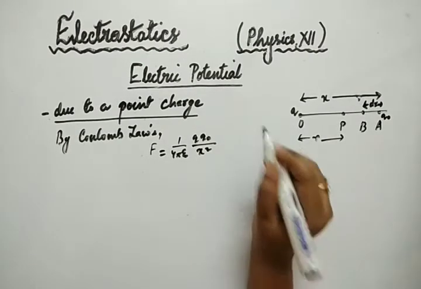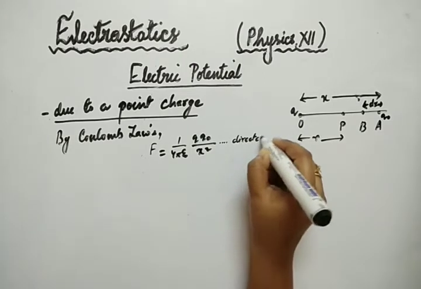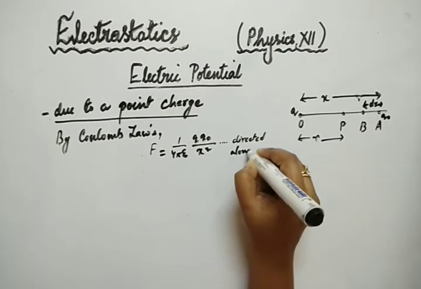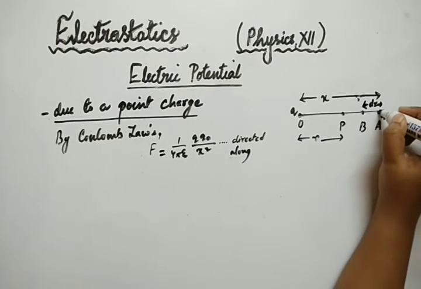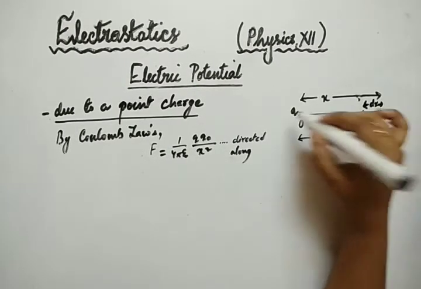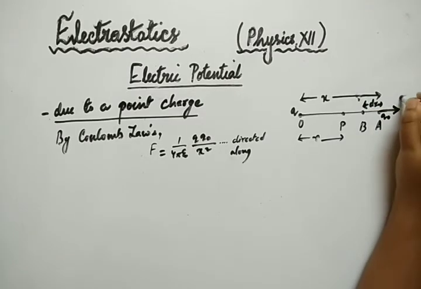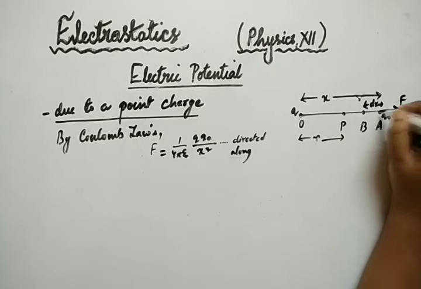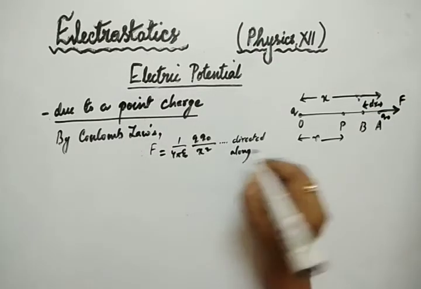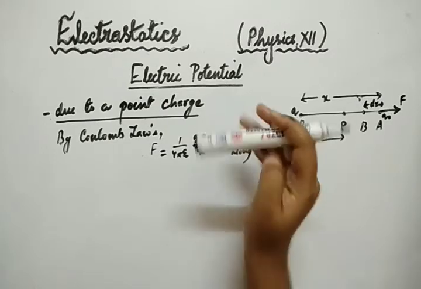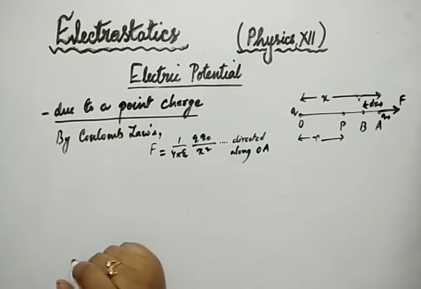Here we are writing the scalar form. Since this is a positive charge and this is also a positive charge, the force will be directed away from the charge q, along OA, in this direction.